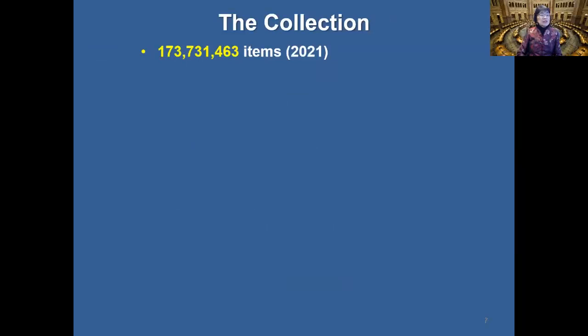Their collection is very, very impressive. It's the largest library in the world. It has 173 million items. That's just of last year, because we don't have the number for this year yet. Among those, more than 25 million are cataloged books.